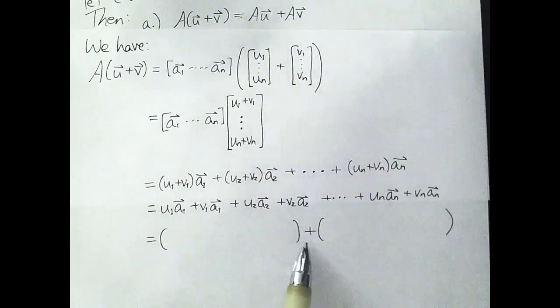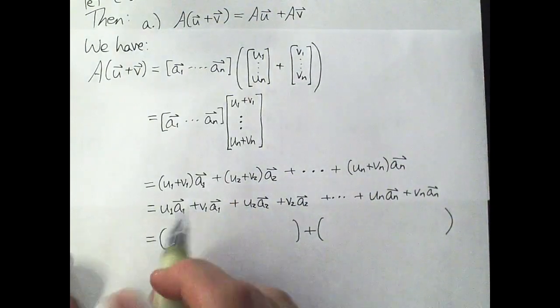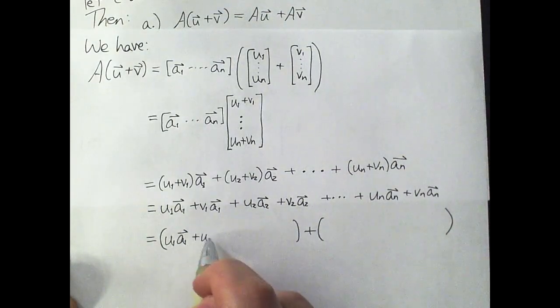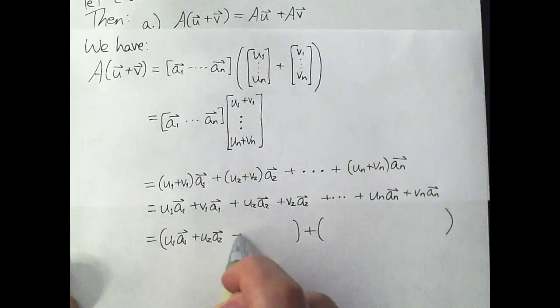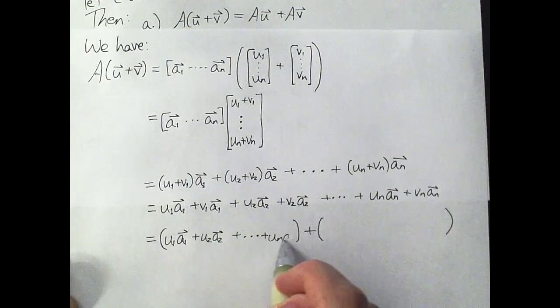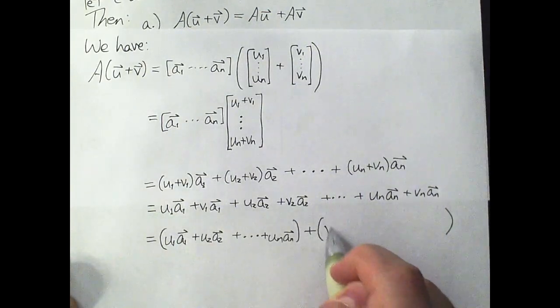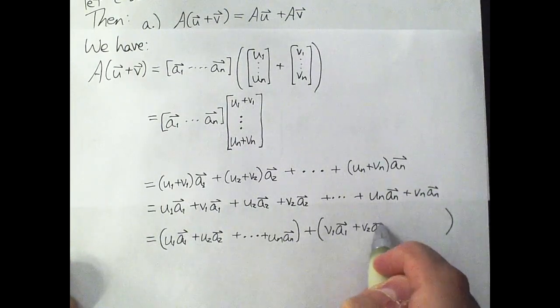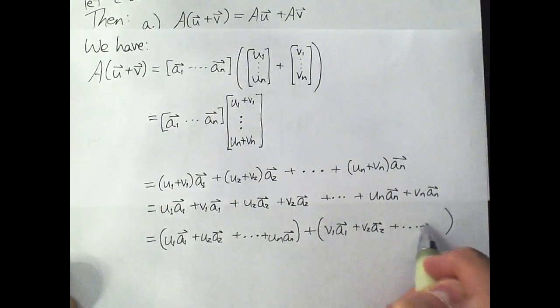I want everything involving u here, so we can do it: u1 a1 plus u2 a2, etc., up to un an, and then in the other one, we'll put everything involving v: vn an.